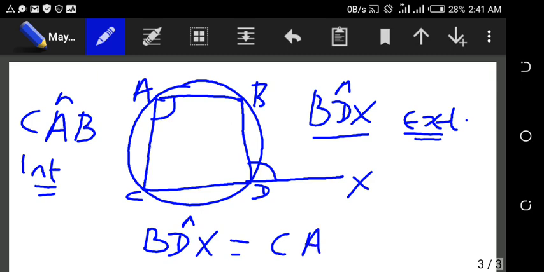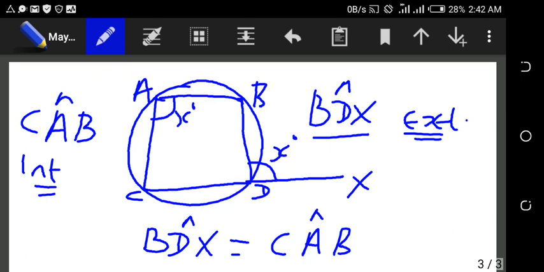That means CAB. That is what the theorem is saying. Whatever the value here is, if here is X degrees, here is also X degrees. So that is what the theorem is saying.